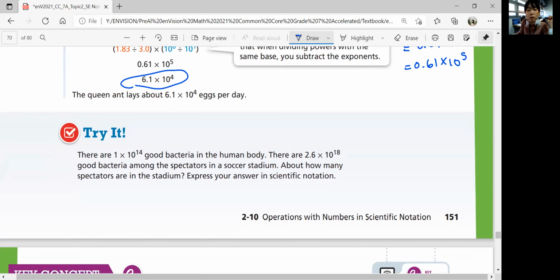So first, what's the important information? These numbers: 1 times 10 to the 14th good bacteria per person. There are 2.6 times 10 to the 18th good bacteria in a soccer stadium. So about how many people are there, if you know how many good bacteria there are for one person?